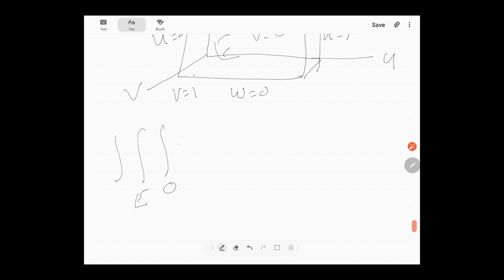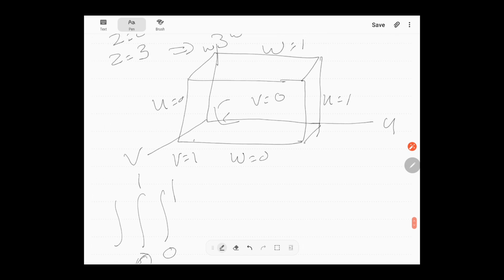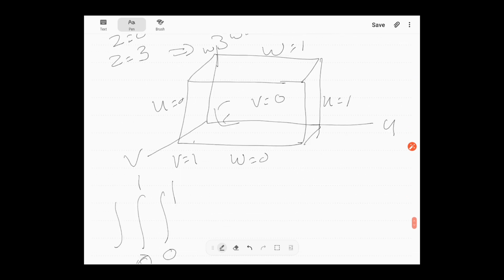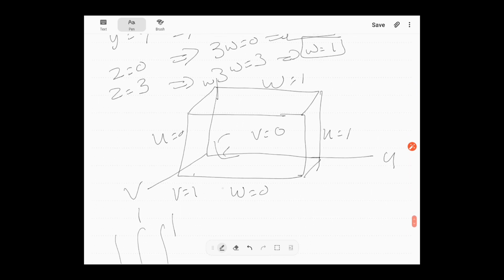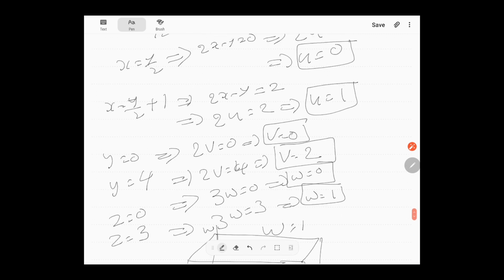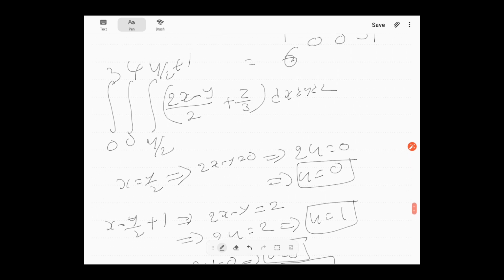The u limits are 0 to 1, w limits are 0 to 1, and v limits are 0 to 2. This is v is equal to 2. And the integrand is, what is the integrand here? 2x minus y.